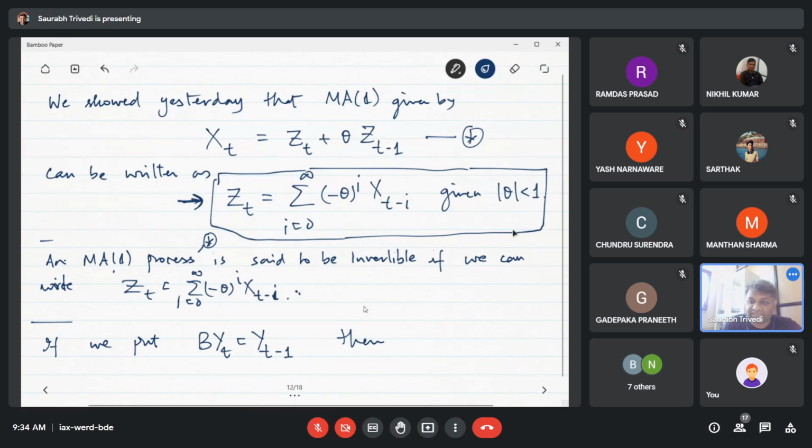So here I have zt equals summation i equals 0 to infinity beta i xt minus i. So you see that, what am I saying? Oh, I'm sorry, I made a mistake.